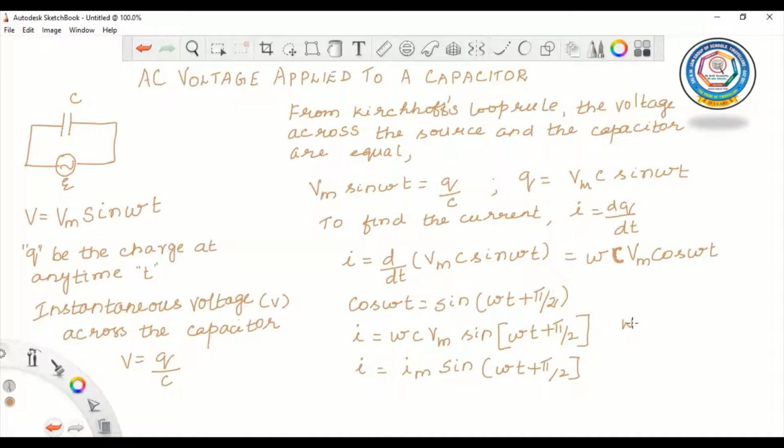This Im is equal to omega C Vm. And this Im is nothing but the amplitude of the oscillating current.